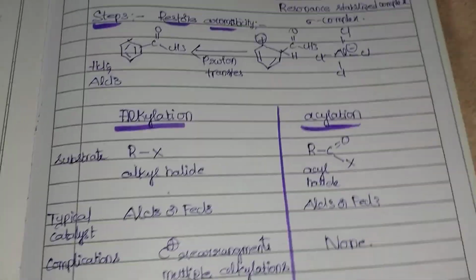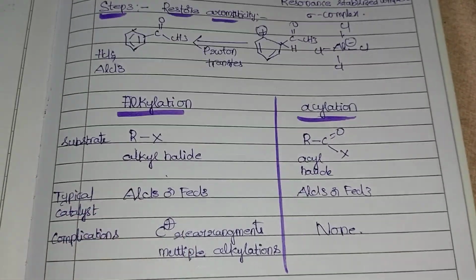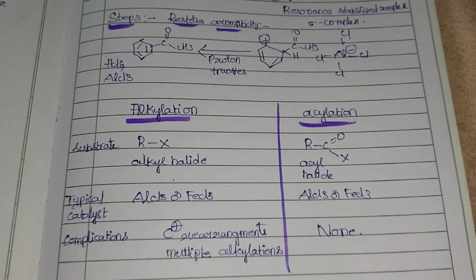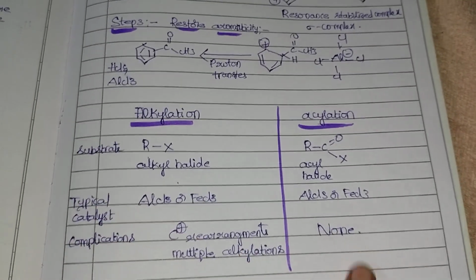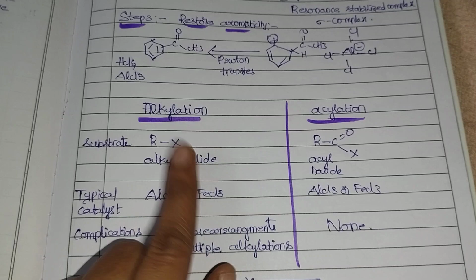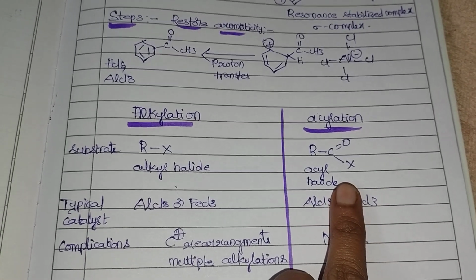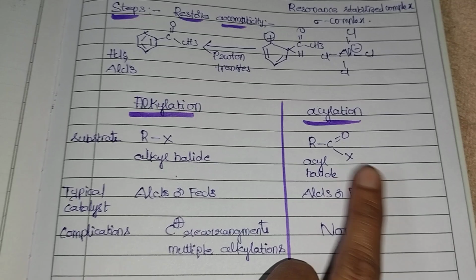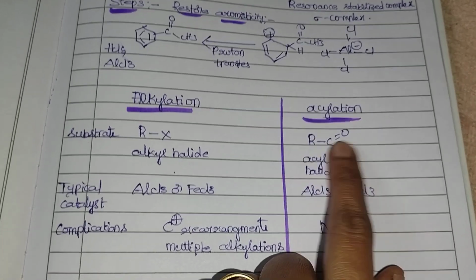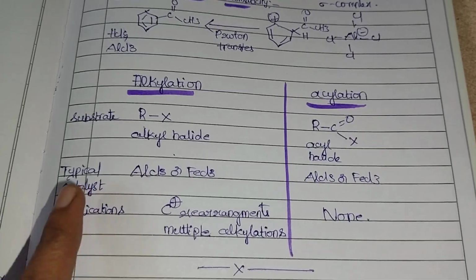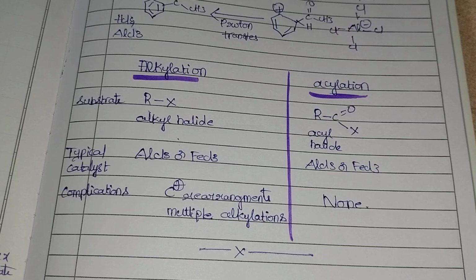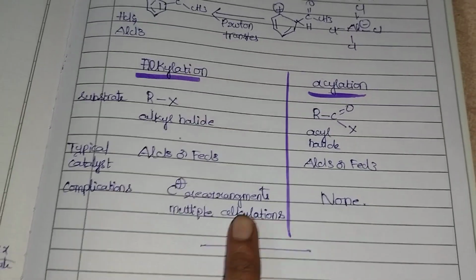Let's just see the differences between the Friedel-Crafts alkylation and acylation reactions. Here the substrate is alkyl halide RX. Here the substrate is acyl halide, RCOX. The typical catalyst is the same for both: aluminum chloride AlCl3 or iron chloride FeCl3.